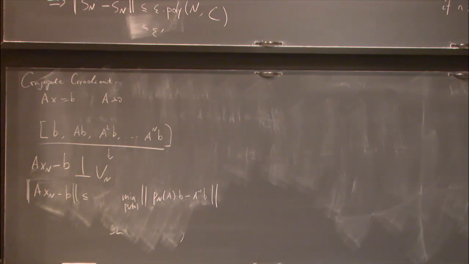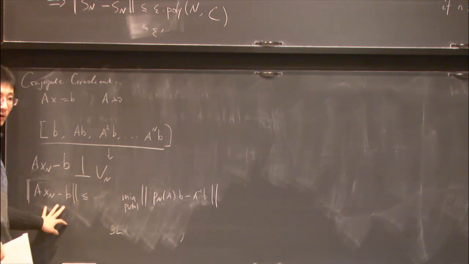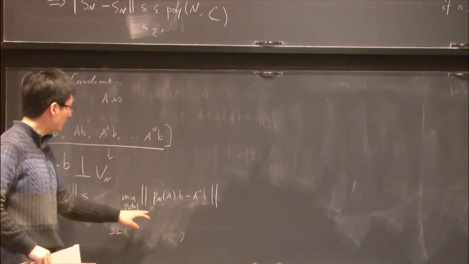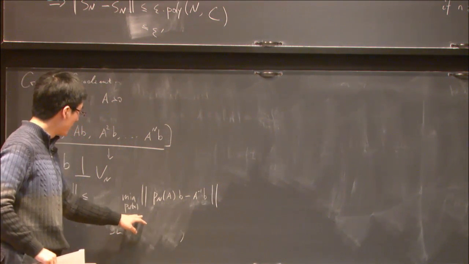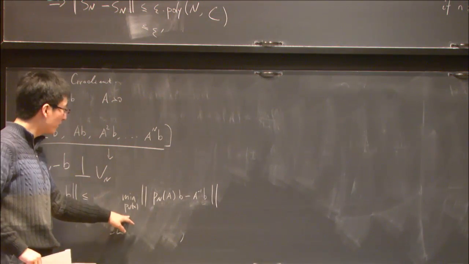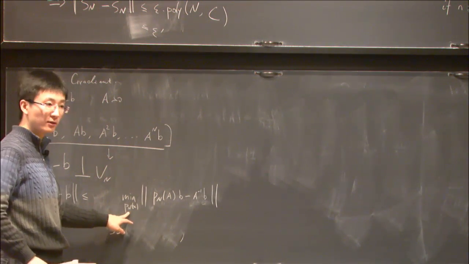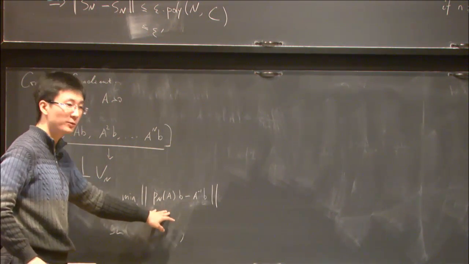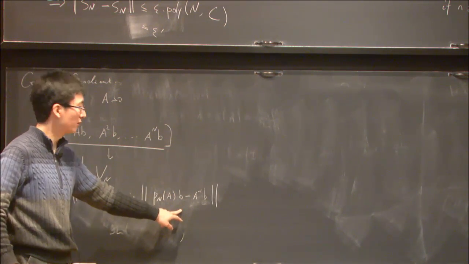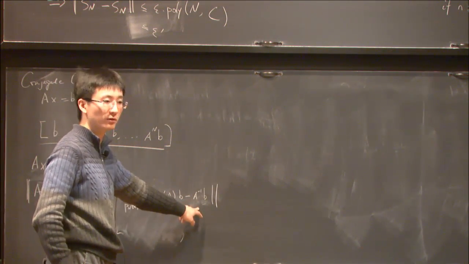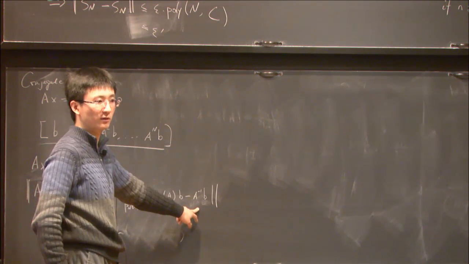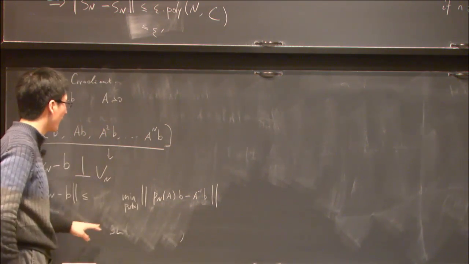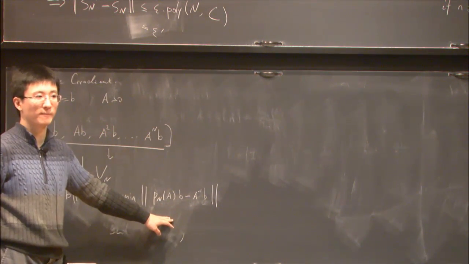So it means that the error of this thing is going to be at most whatever polynomial taken up to degree n. I put the polynomial here, multiply it on the vector B, and I compare that to the true thing I want to compute, and then my error is going to be as good as that polynomial.